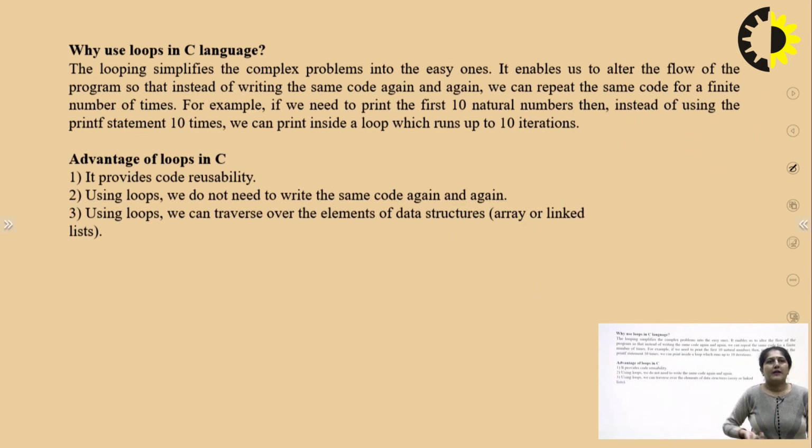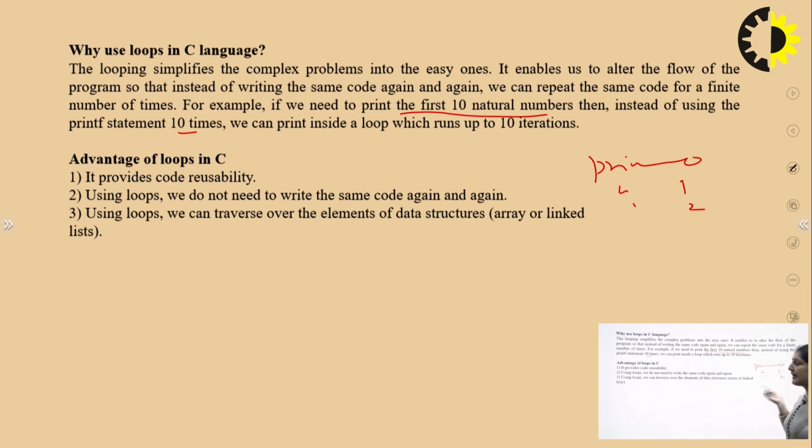Why do we have to use it? I have already told you. If we want to print the first 10 natural numbers, then instead of using printf 10 times, writing printf 0, printf 1, printf 2 up to 10 times, we can simply write a loop that runs up to 10 iterations. So this is a very good advantage of using the iteration loop.